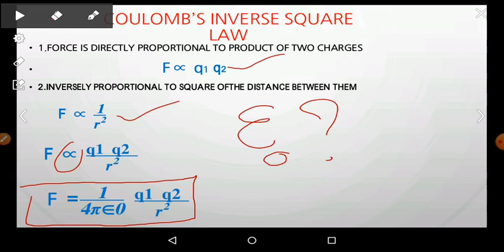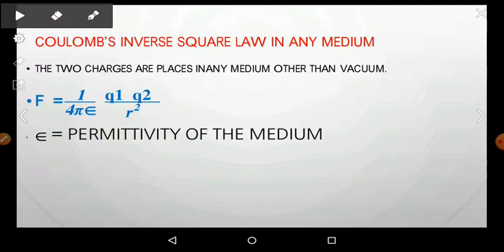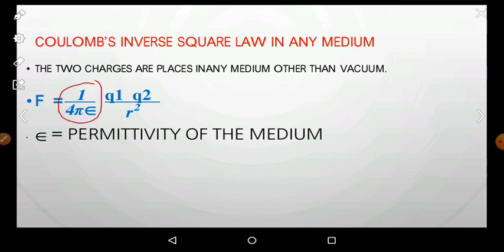And then, if the two charges are kept in any other medium, that is, other than air and vacuum, then according to Coulomb's inverse square law it is the same formula; the only difference is that we have 1 divided by 4 pi epsilon.